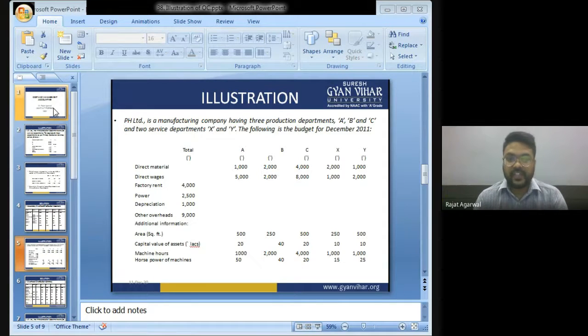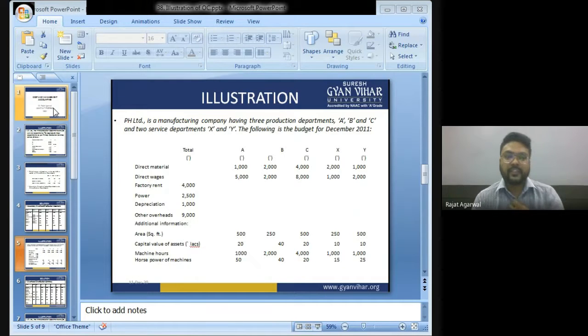Direct wages: Department A 5000, Department B 2000, Department C 8000, Department X 1000, and Department Y 2000. Factory rent 4000, power 2500, depreciation 1000, and other overheads 9000.